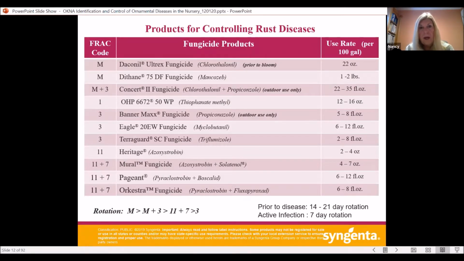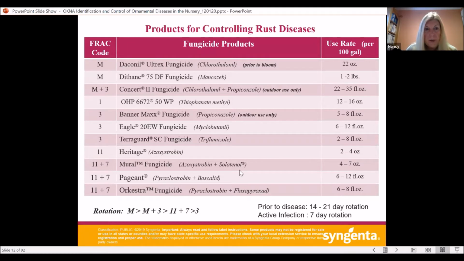So there are a lot of fungicides that are registered for control of rust, and you see them there. And I have the FRAC group listed over to the left because that is a good way to help you prepare your fungicide rotation. I typically like to have at least 3 different FRAC groups in a rotation for a particular problem.